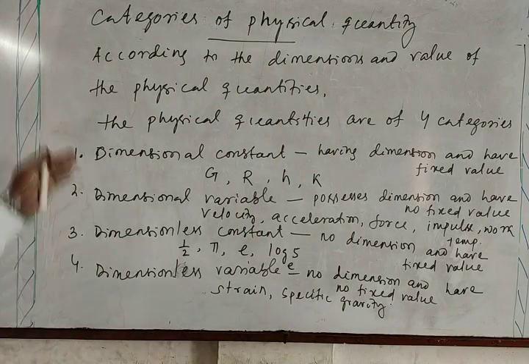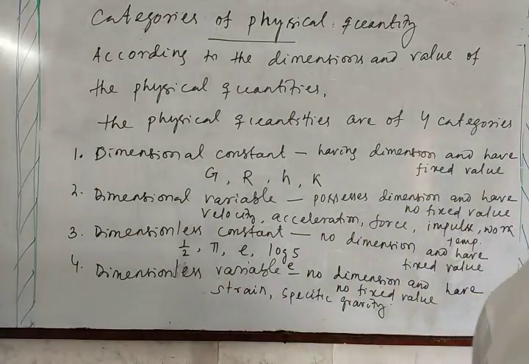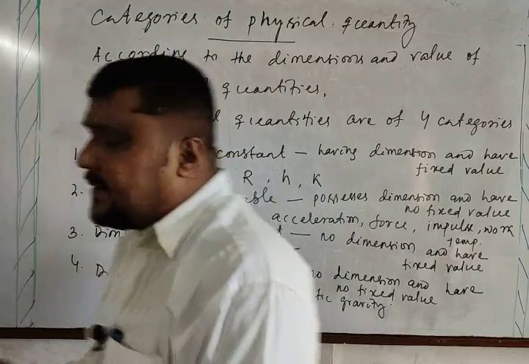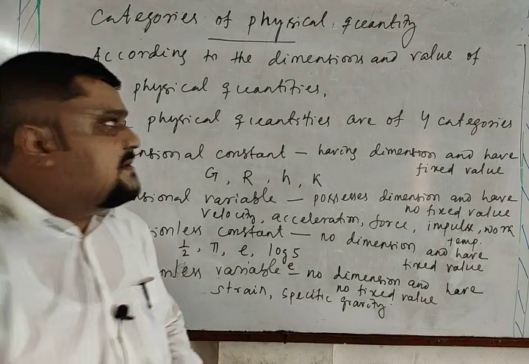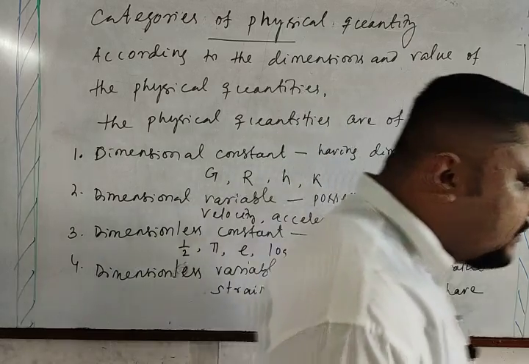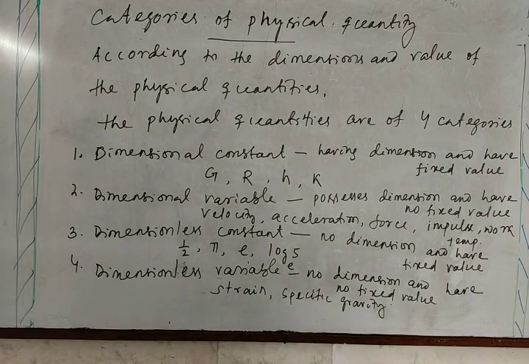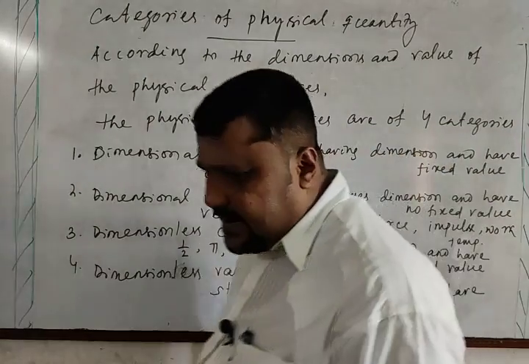So on that basis the physical quantities are of 4 categories. Okay. So yes students, these are the categories of a physical quantity on the basis of dimension and the fixed values of the physical quantities. Go through these dimensions of the quantities.